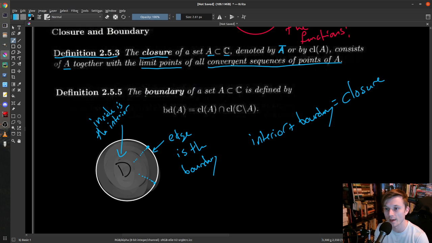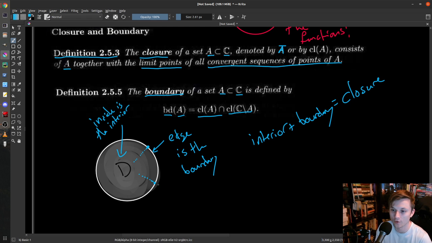The boundary of a set A in the complex plane, once again, you could do this in any topological space. We generally write this BD of A, or the boundary, or some people will write partial A, del, I don't know why, boundary of A. This is just the closure of A intersected with the closure of the entire space without A. So the closure of A intersected with the closure of the entire complex plane sans A. And this gives you the boundary.